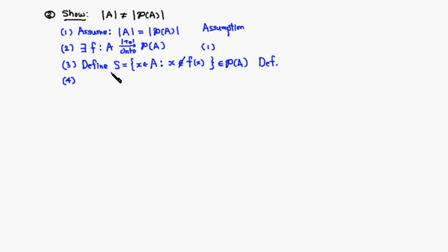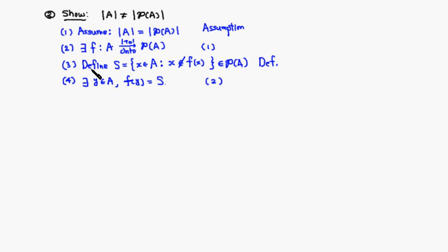So since f is onto, there must be some element y in A such that f of y is mapped to this particular set S. This comes from line 2, because f is onto, we know that such a y exists.